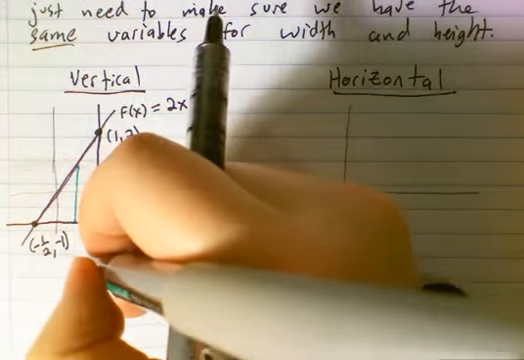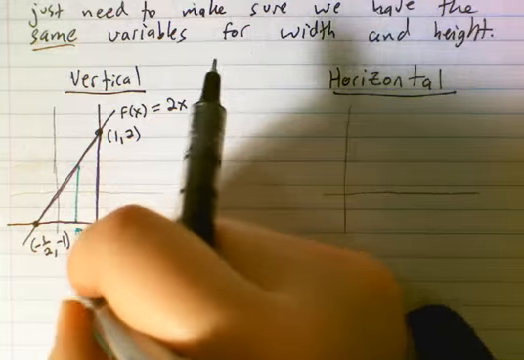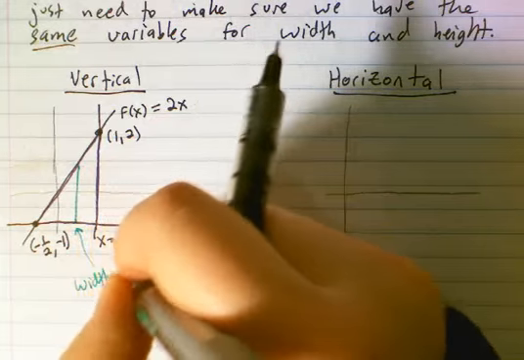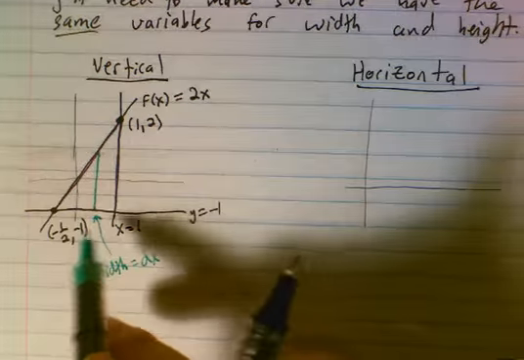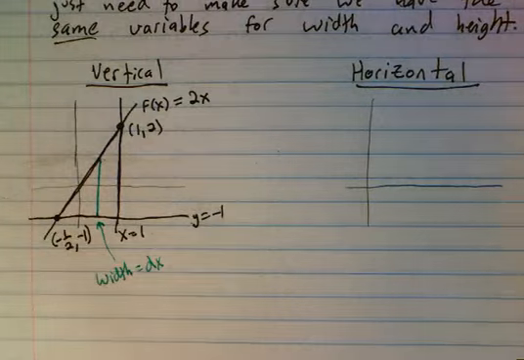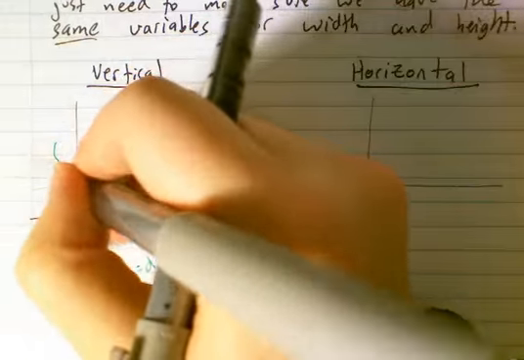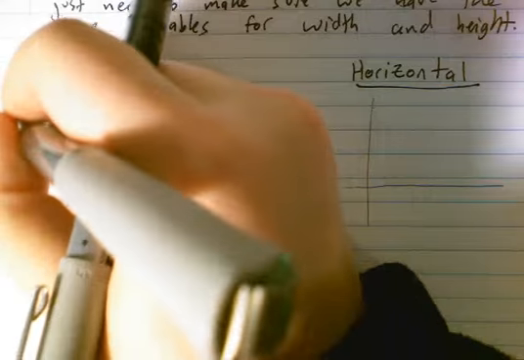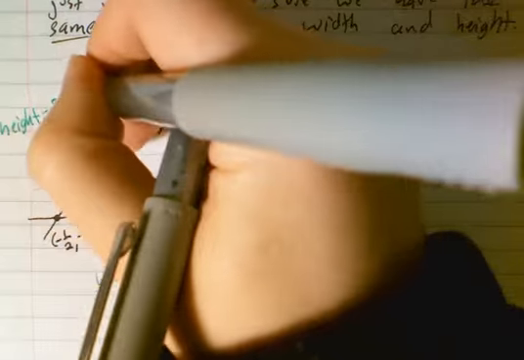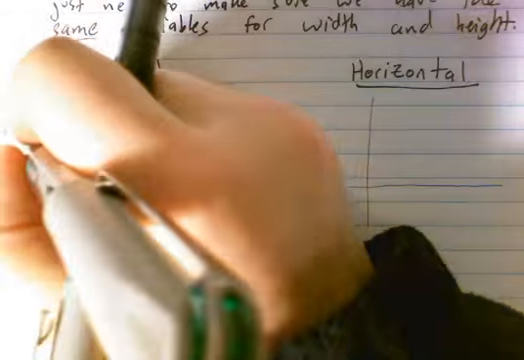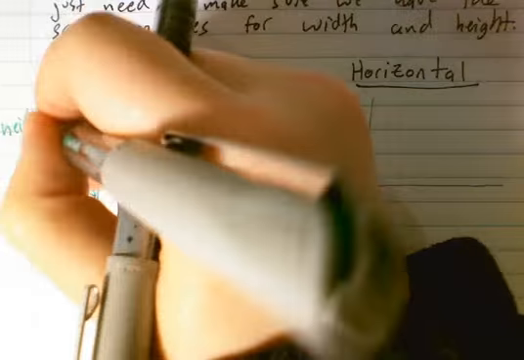And what we saw in the past was that this little width right here was dx, because it was infinitely thin in the x direction. And the height was the top function, so that's f of x, minus the bottom, which was -1, or 2x plus 1.